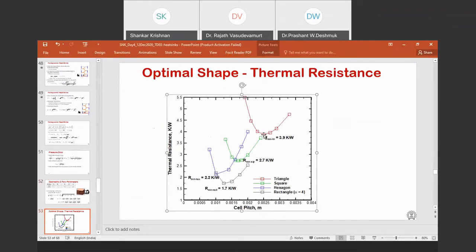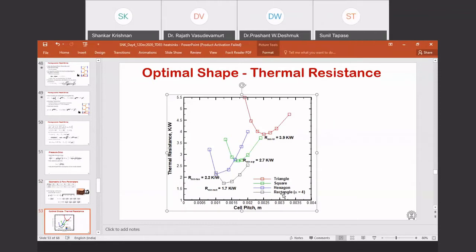Its minimum resistance is still higher than that of the square, than that of the hexagon, and finally a rectangle of aspect ratio of 4 gives the best performance of 1.7. So you can see that depending on the shape, you will get different thermal resistances and different optimas as well.